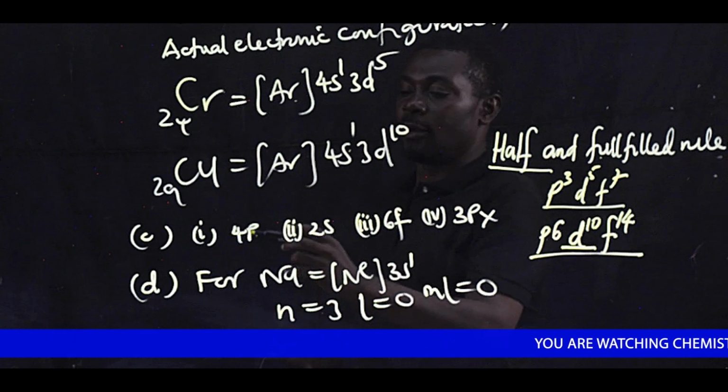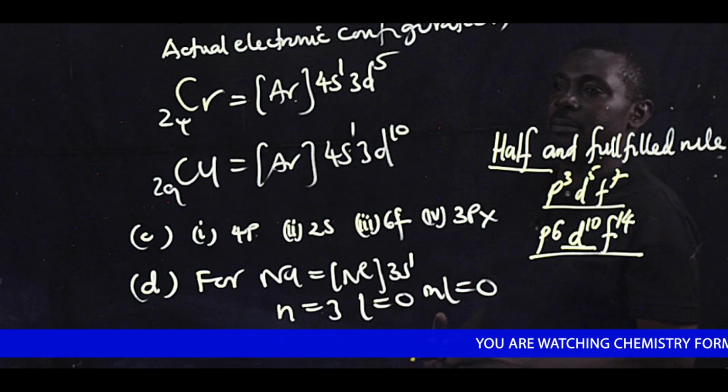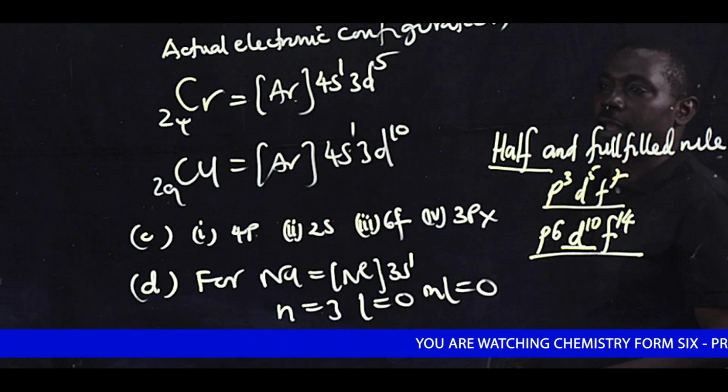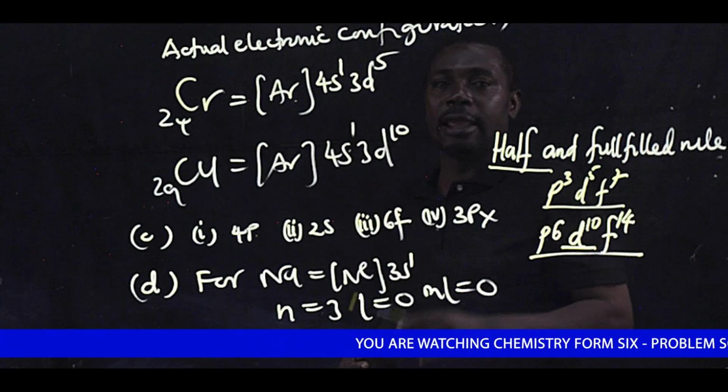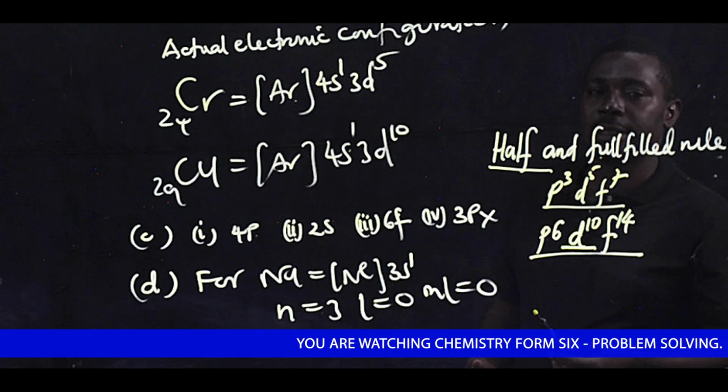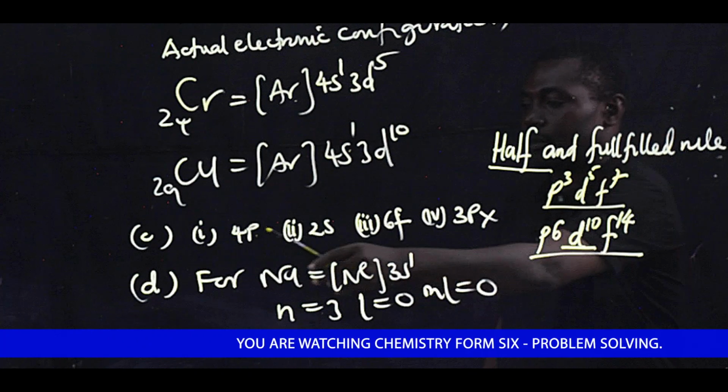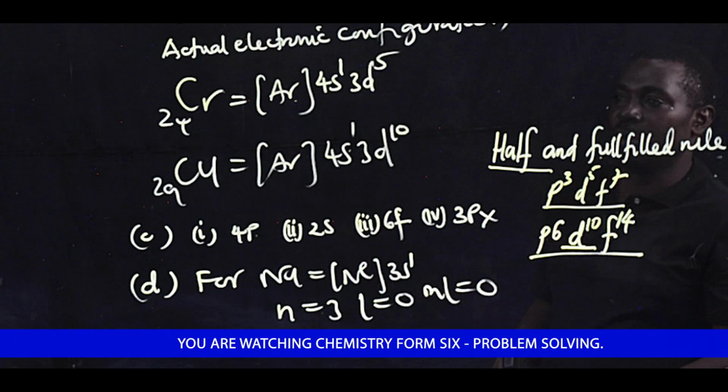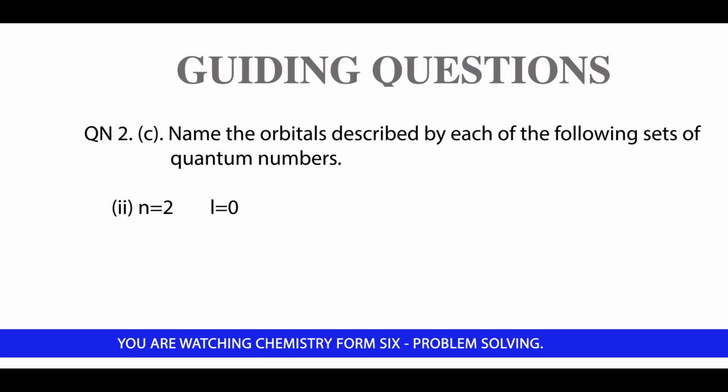So the orbital described by n equal to 4 and l equal to 1 is the 4p orbital.